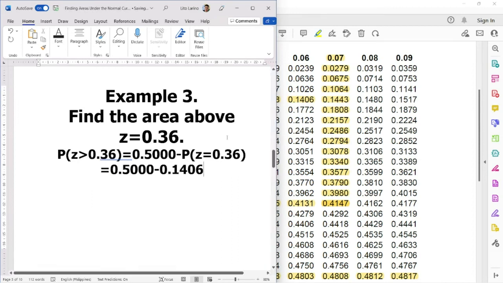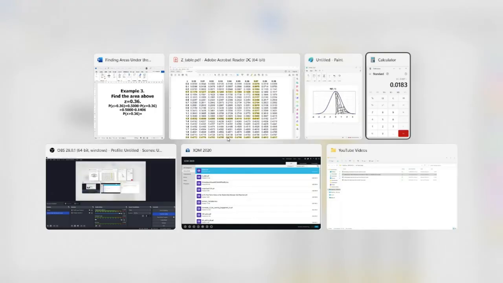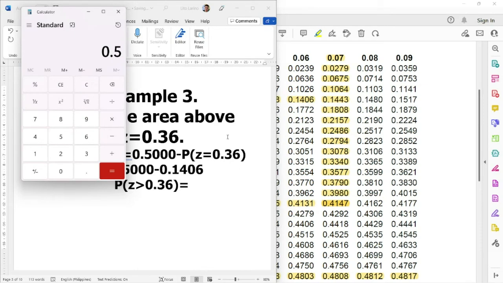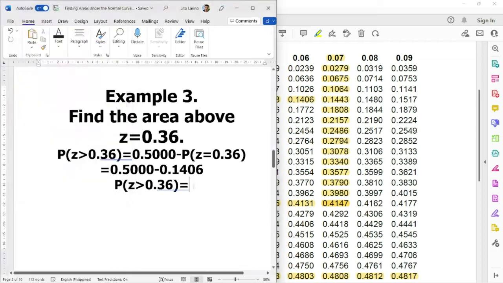Let's have now the area above the z-score 0.36 is equal to 0.5 minus 0.1406. And we got 0.3594.